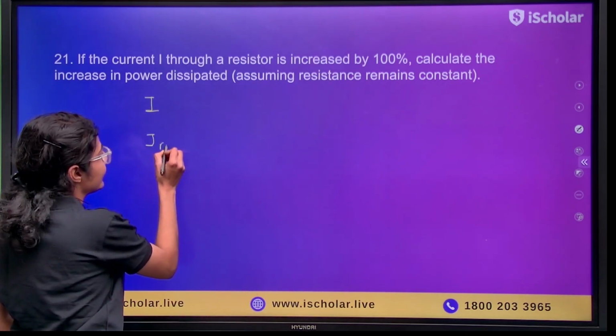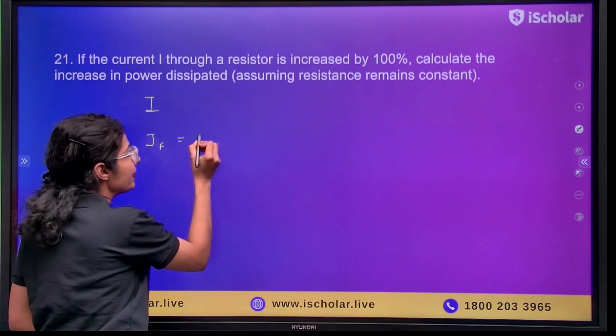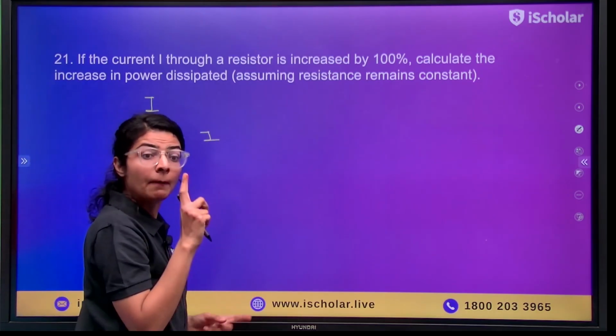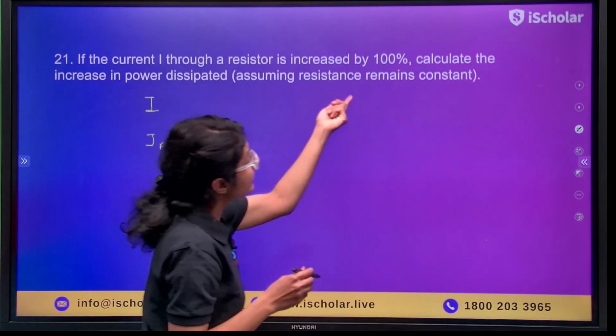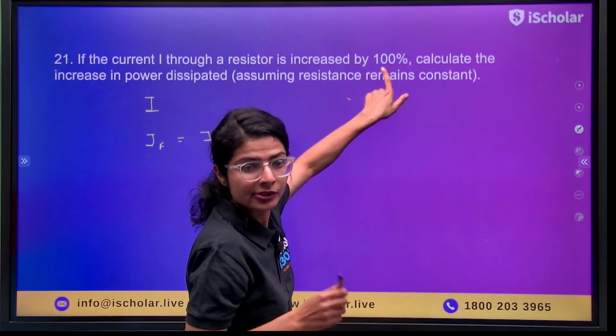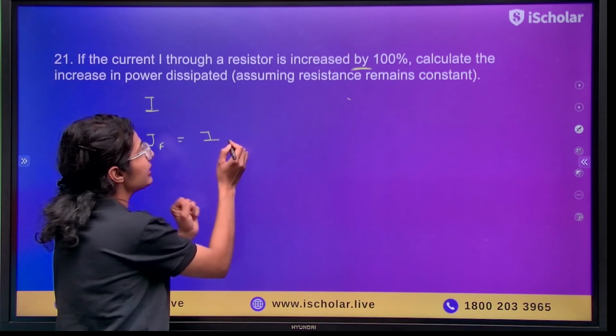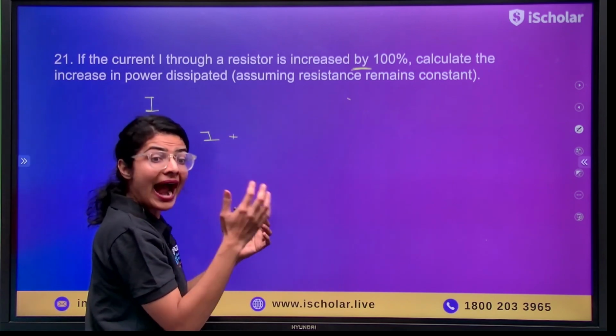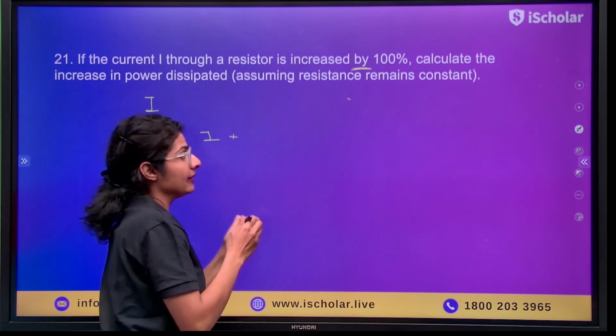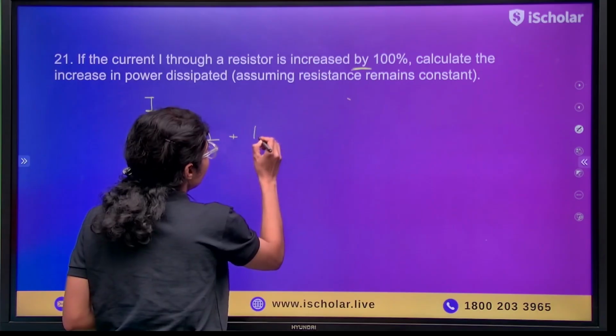Your final current is whatever be the initial current plus it is increased by. Students, pay attention, it is by. By means whatever be the value plus add by how much amount you are adding. So it is 100%.